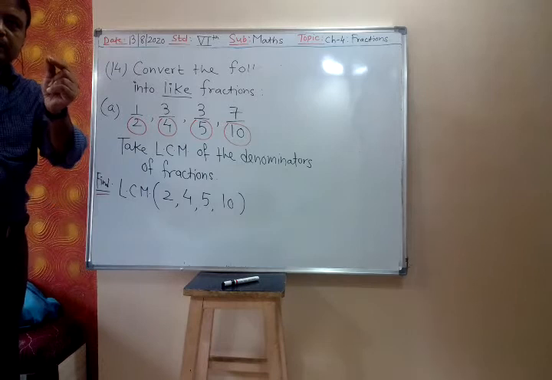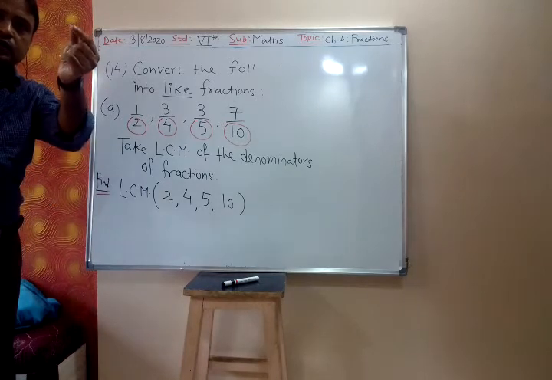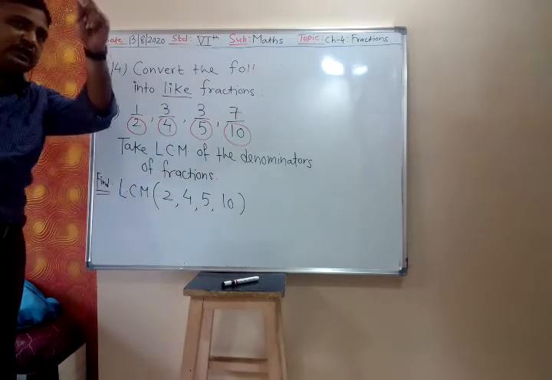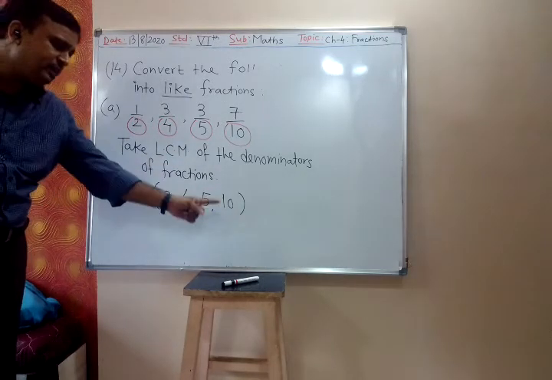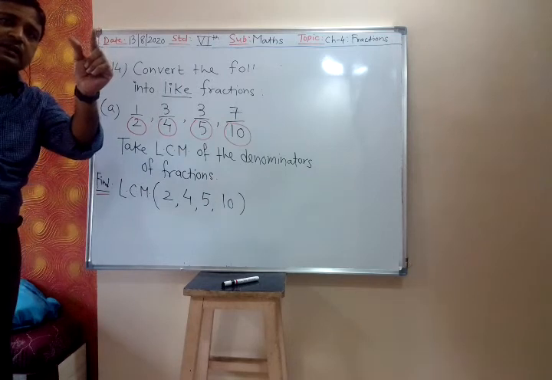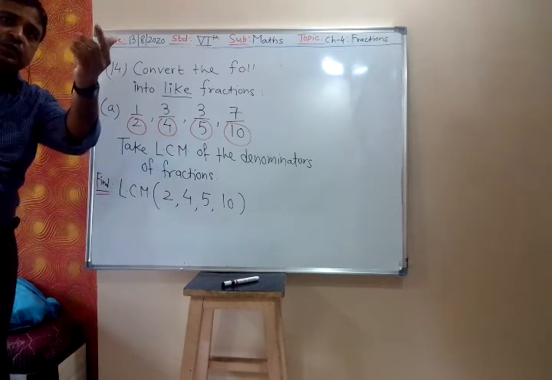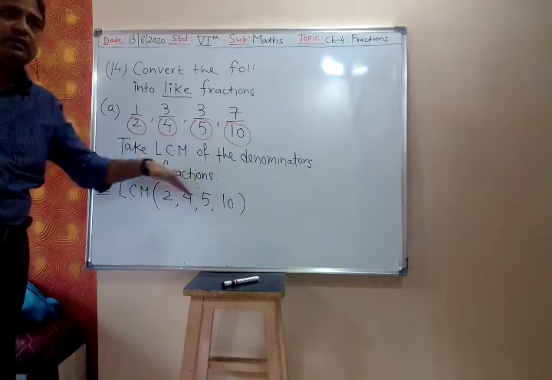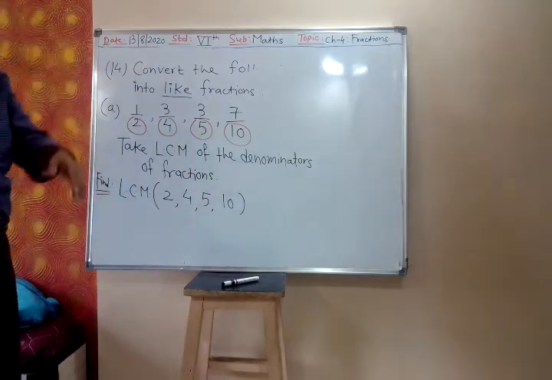Least common multiple is that number which we can divide by 2, by 4, by 5, and by 10. It is a multiple of 2, 4, 5, 10. All these four numbers divide that number.